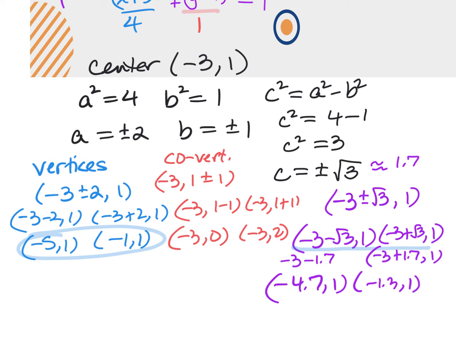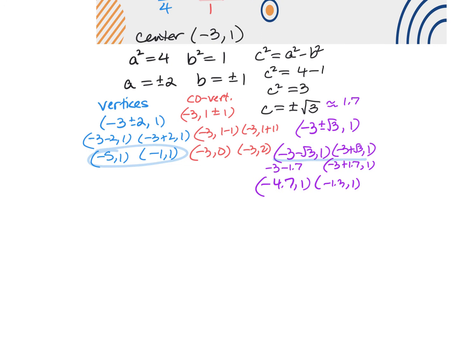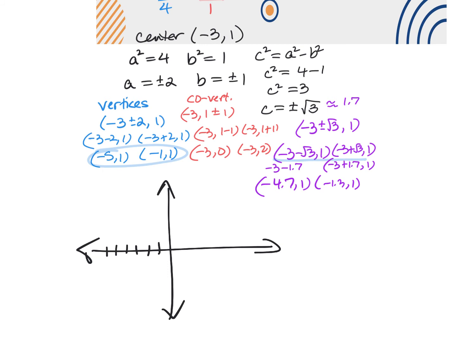Those are the foci. Now I'm going to take all 7 ordered pairs, the 2 vertices, 2 covertices, 2 foci, and the center, and put them on my coordinate plane. So here is my x and y axis. I'll graph the center first. My center was at 1, 2, 3, 4, 5. So my center point is at (−3, 1).